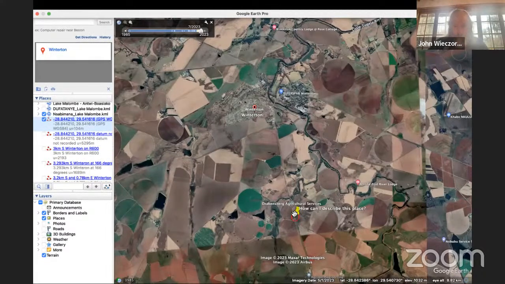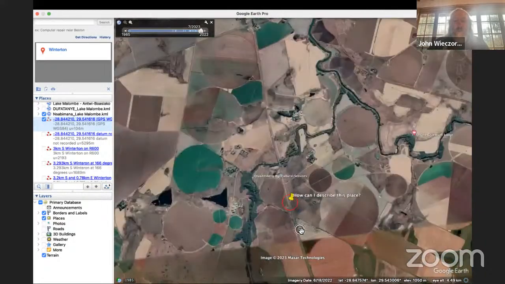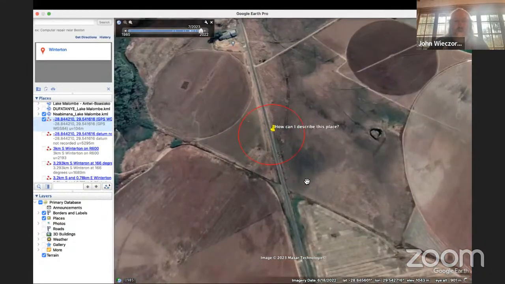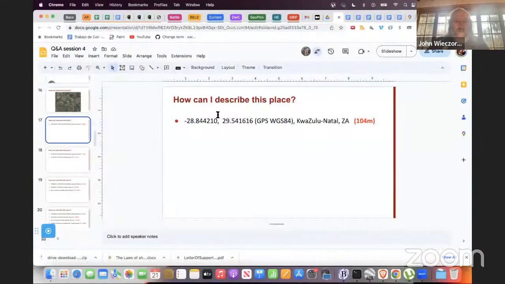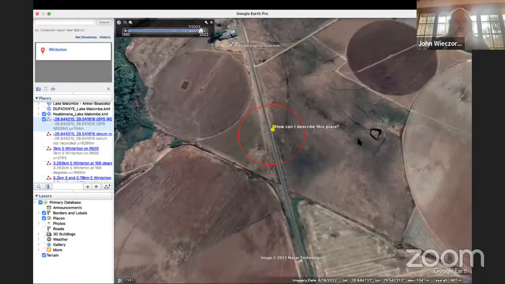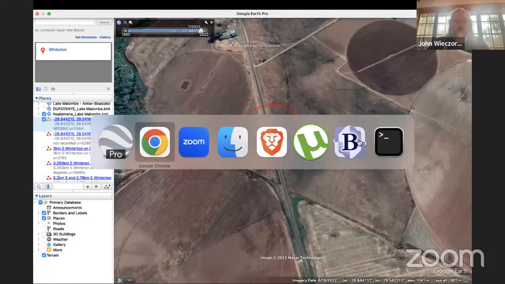You can see that a circle around the place has been drawn. And I'll zoom into it. So that is the point radius representation of this description. And it has an uncertainty of 104 meters. Why is it so big? It came from a GPS. Shouldn't it be smaller than that?